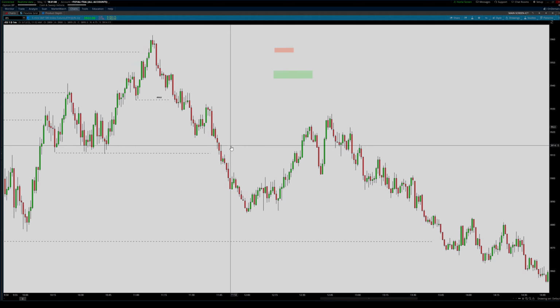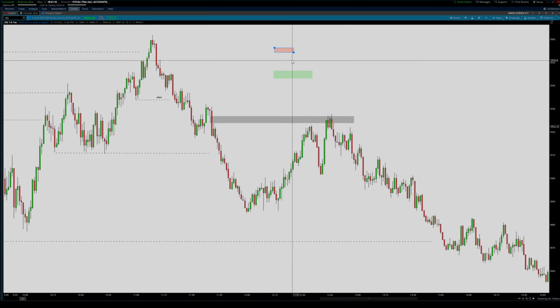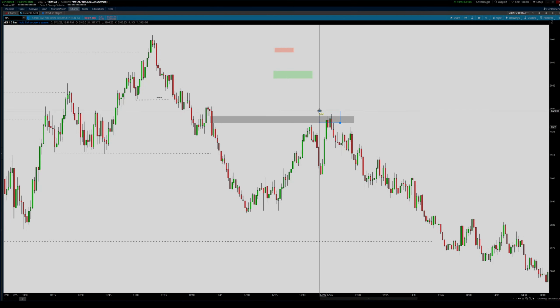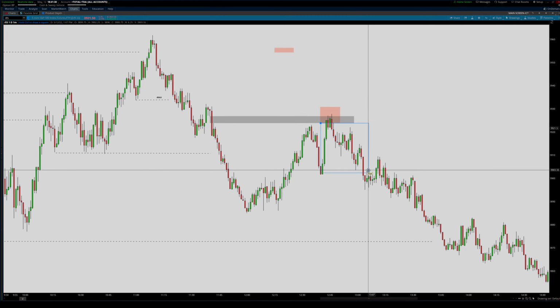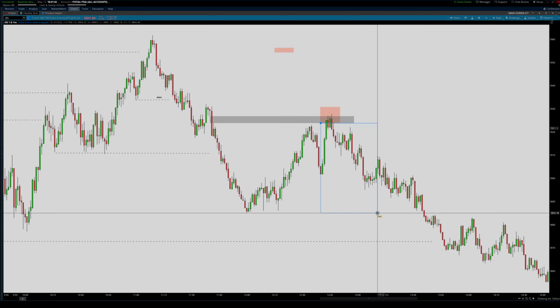But if you wanted another add, right here, for value gap, your stop is, say you enter right there, stops right there, and then you're looking to break this short-term low right there, and that low, and that low.